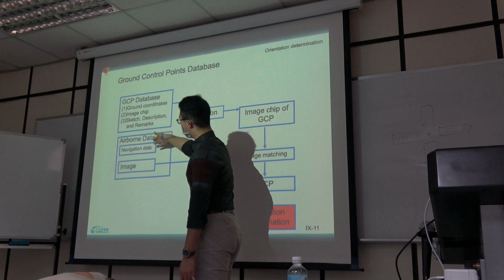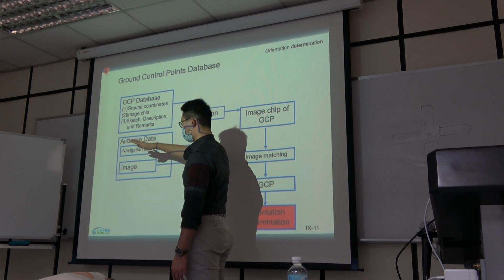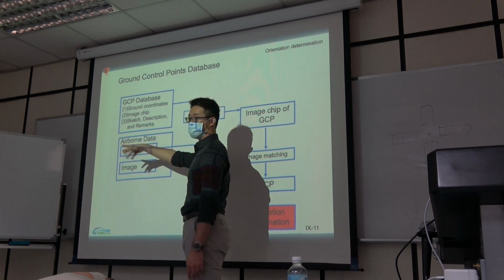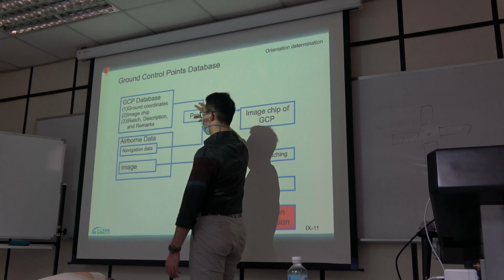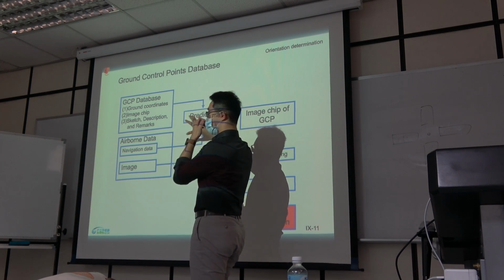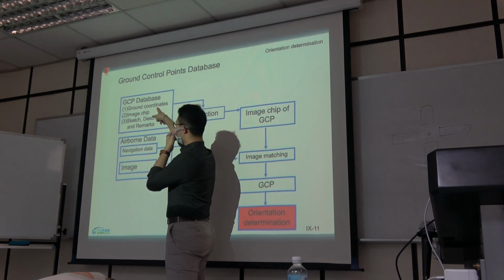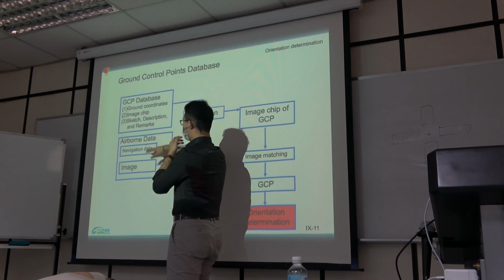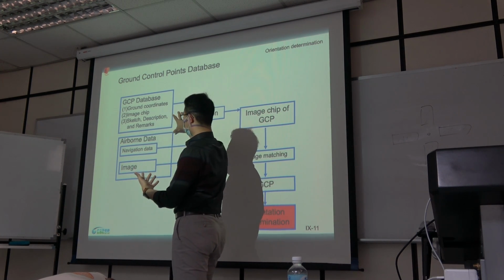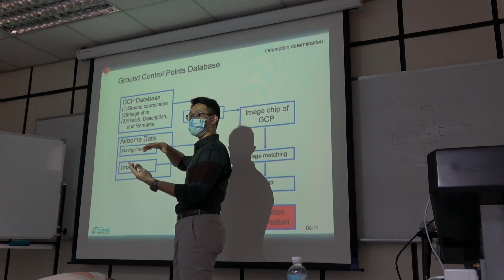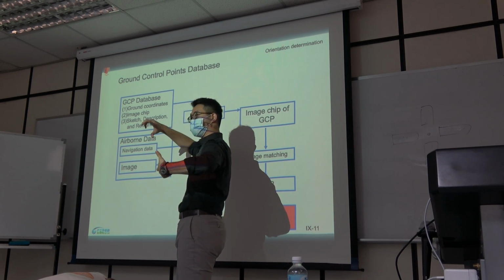For airborne data or satellite data, you have your initial EOP, the navigation data, and you have your image. The initial EOP allows you to perform some prediction. You can reproject the ground control point, the ground coordinates, to the image, so you have a certain range. It's kind of like direct georeferencing, but because it has some error, you need to enlarge the search area.